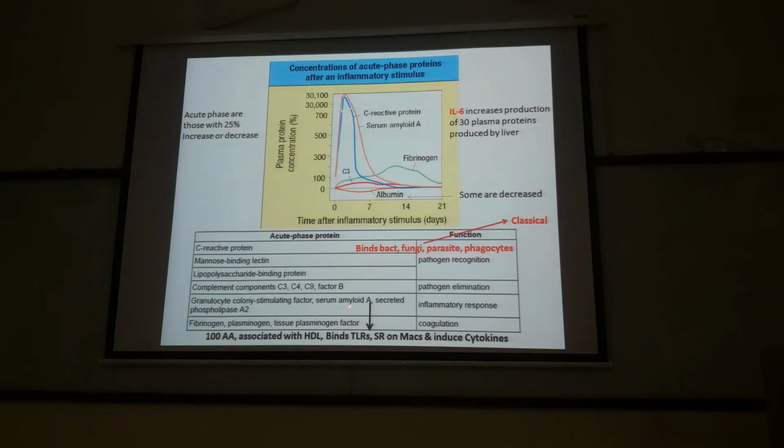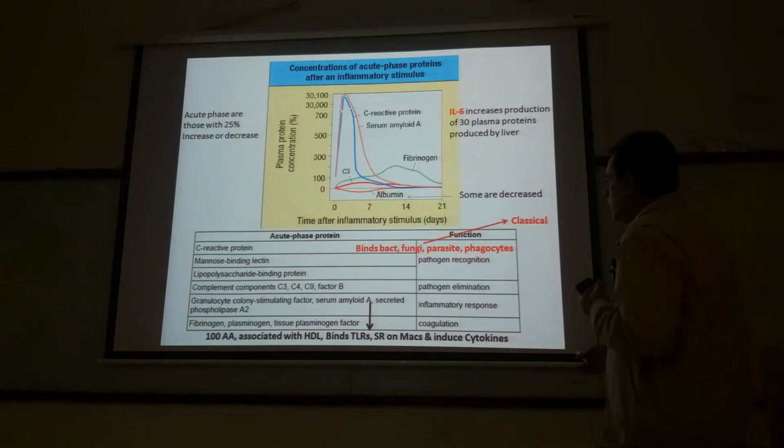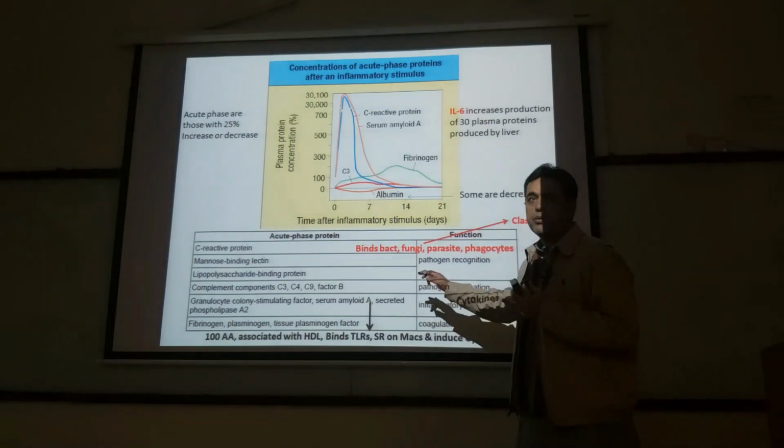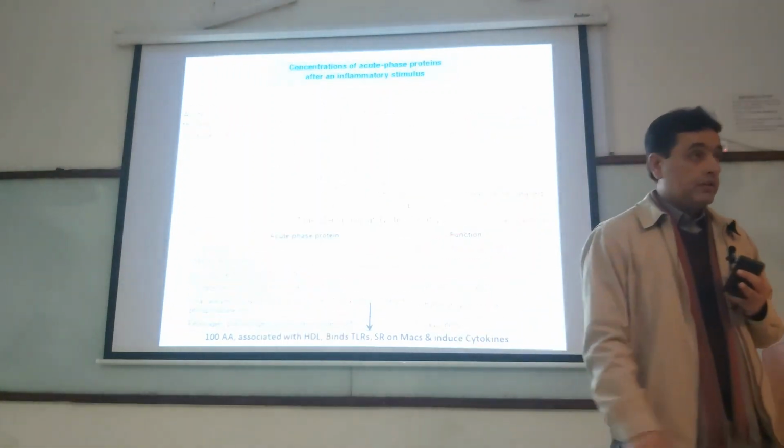And serum amyloid A, the acute phase protein synthesized by the liver, binds with toll-like receptors, and you know that toll-like receptors are the signaling receptors, and the scavenger receptors SRs, and induces the production of cytokines.